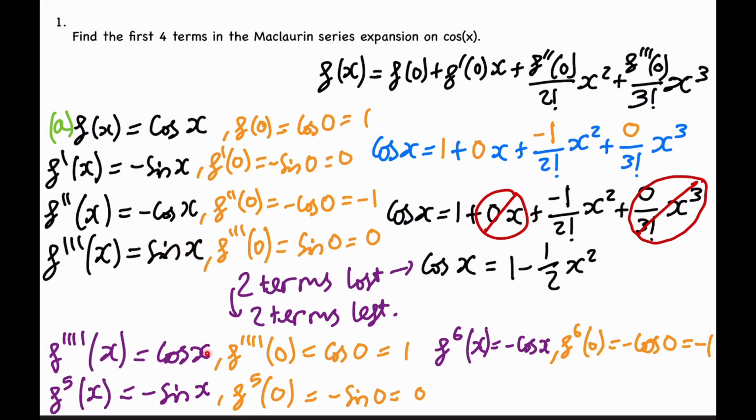We differentiate to get cos, and we do that again for the 5th and the 6th just to make sure. When we substitute 0 into cos, we're just going to get 1. So cos 0 is 1, minus sine 0 is going to be 0, and minus cos 0 is minus 1. And here we are sure to get 2 more terms because the 0 is probably going to cancel out again.